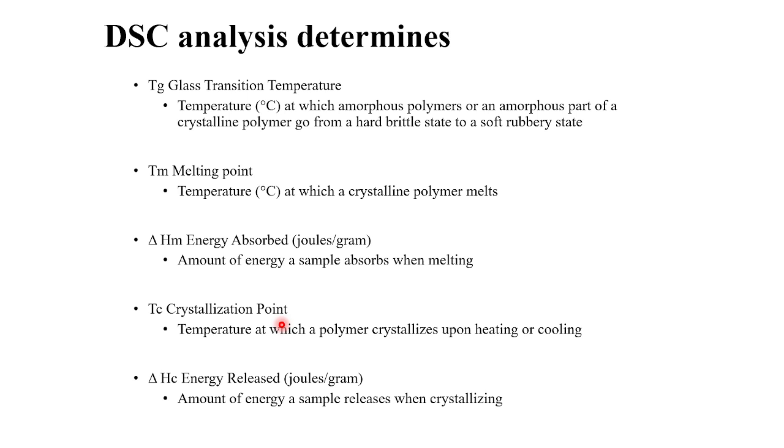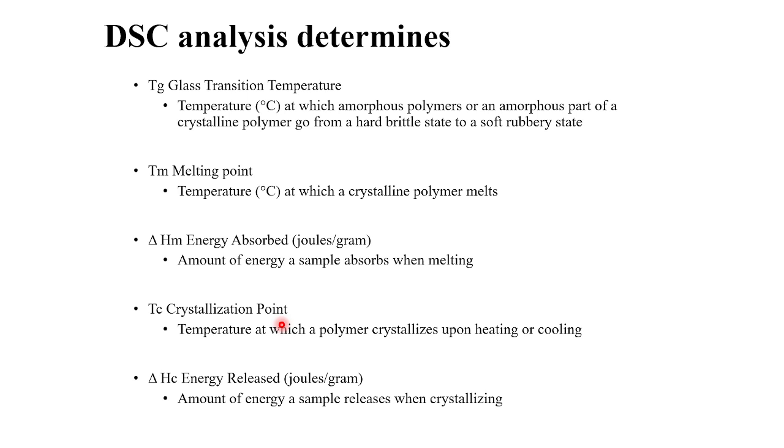You will get delta Hm, that is the heat required or absorbed during melting, by calculating the area under that curve. The crystallization point Tc, at which the crystallization occurred, you will get that also from the DSC, and vice versa.